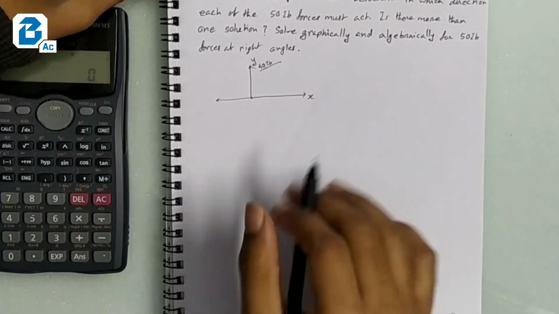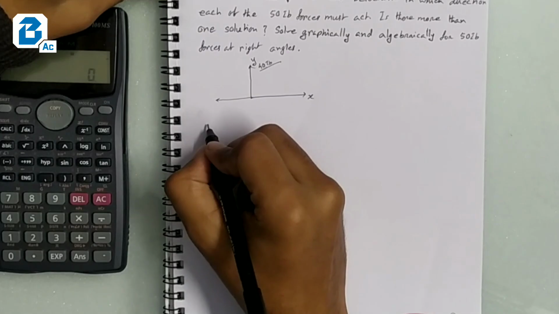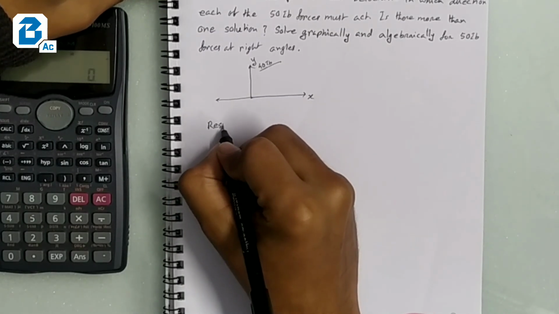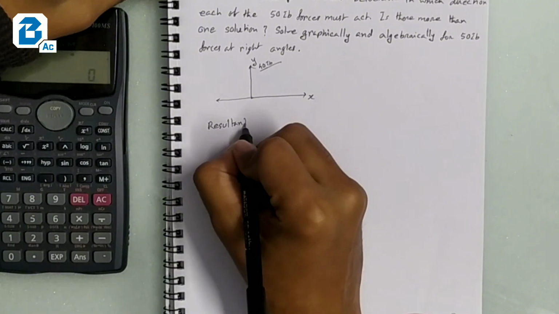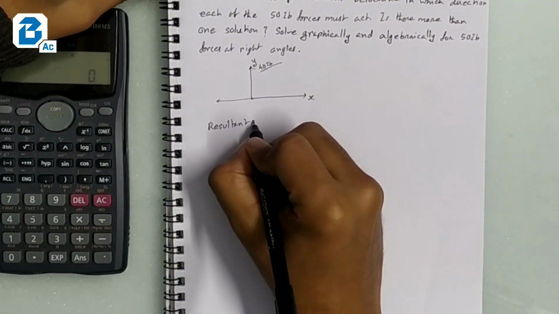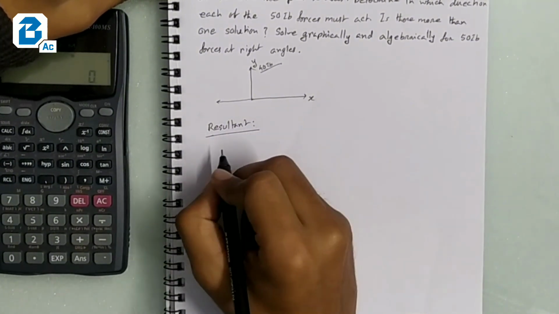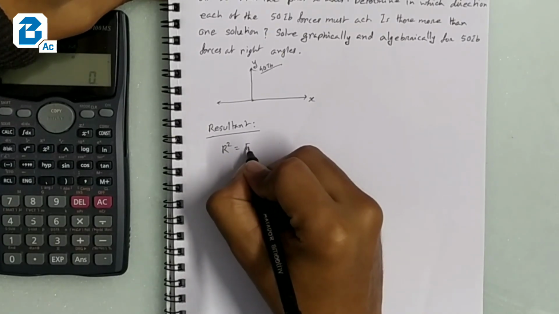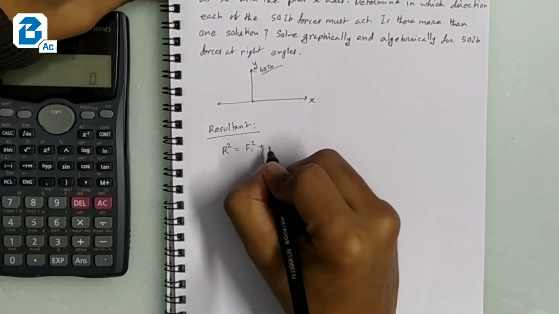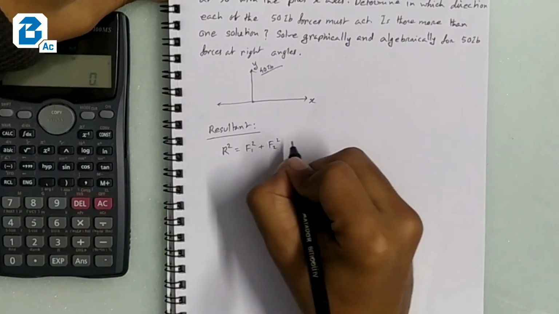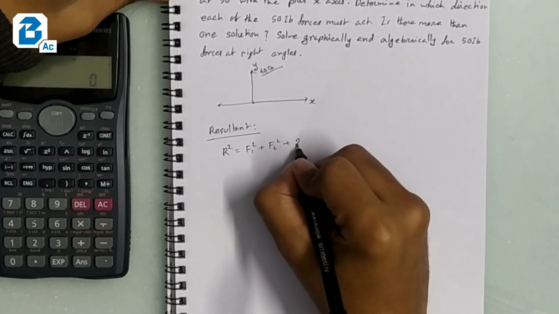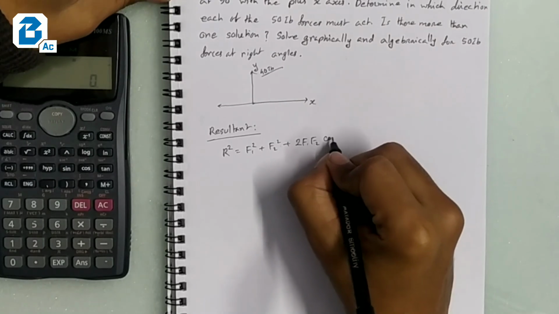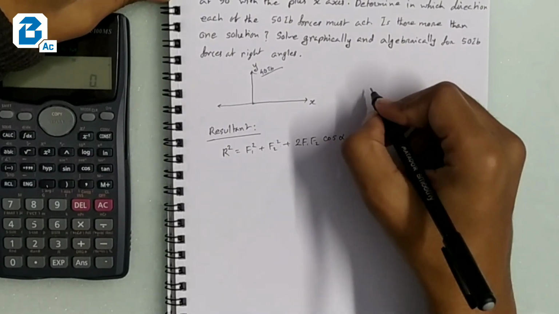So let's start. Here we will use the resultants formula. The formula was R square is equal F1 square plus F2 square plus 2 F1 F2 cos alpha.